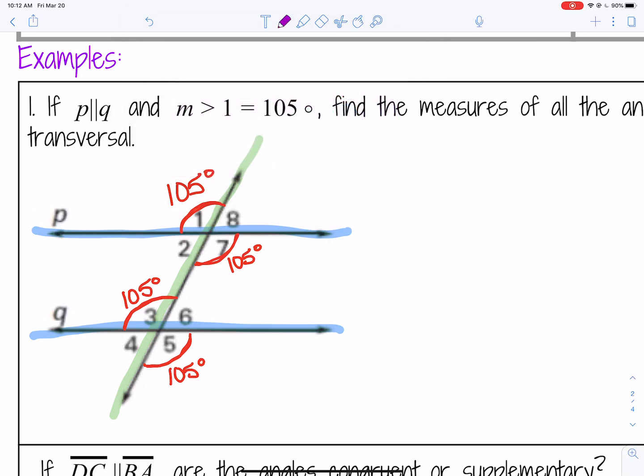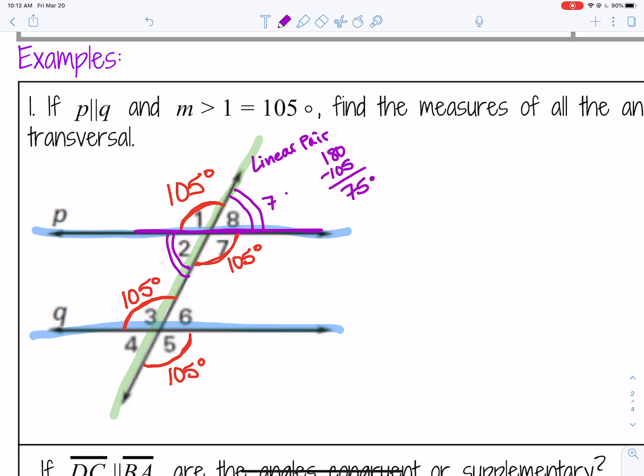And then we can look at angle like 2 and 8 in this first upper intersection of the transversal. If we say that angle 1 and angle 8, they're right beside each other and they form a straight line, then they are a linear pair. So we could say 180 minus 105 gives us 75.